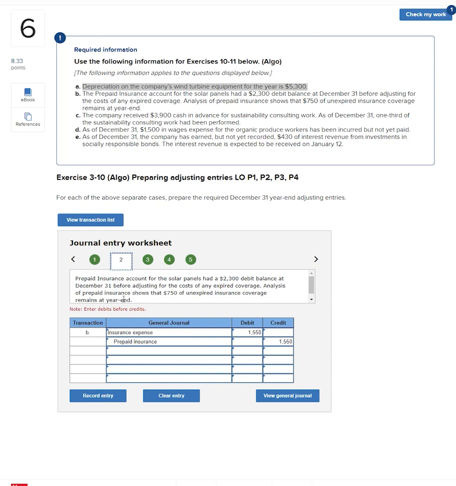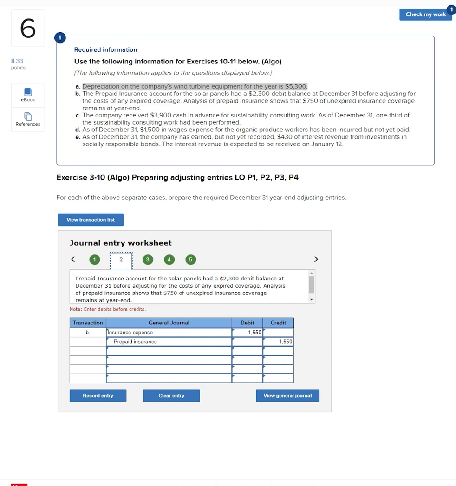is about this. The prepaid insurance account for solar panels had a $2,300 debit balance at December 31st, before adjusting for the cost of any expired coverage. Analysis of prepaid insurance shows that $750 of unexpired insurance coverage remains at year-end.